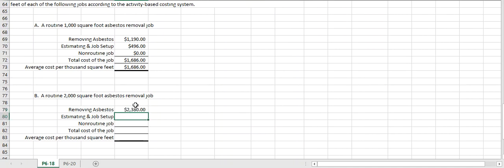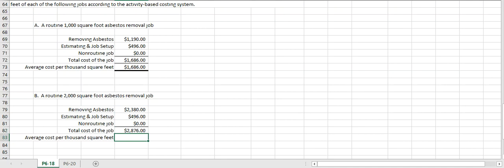So that gives us $2,380. Estimating job setup, that's a per job cost. So it doesn't change, $496. And we don't have any non-routine costs because this is a routine job.